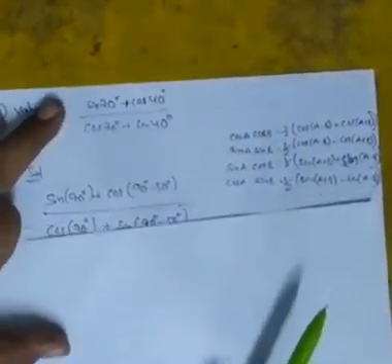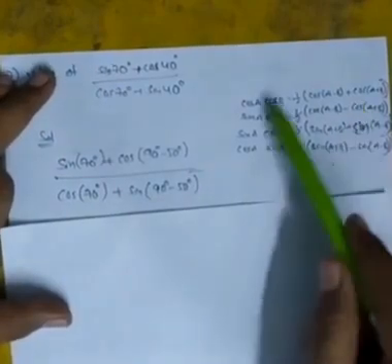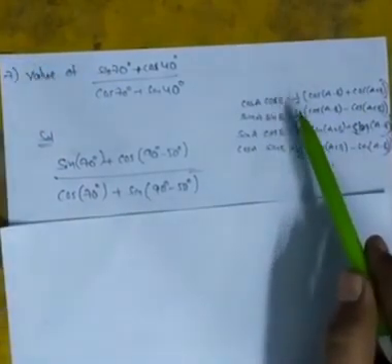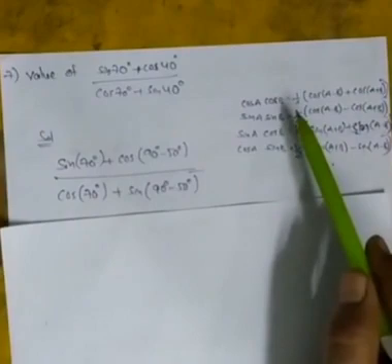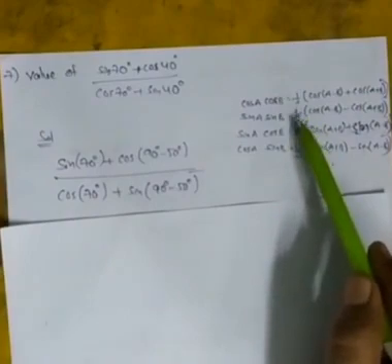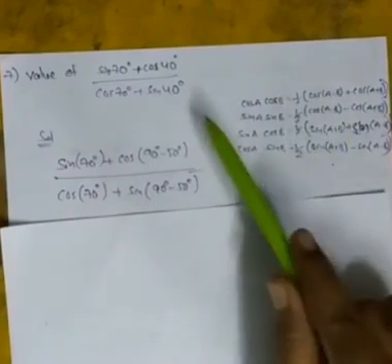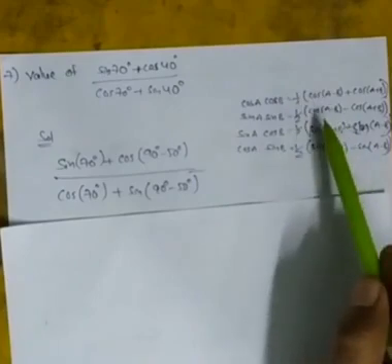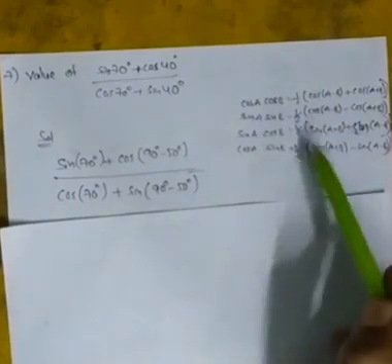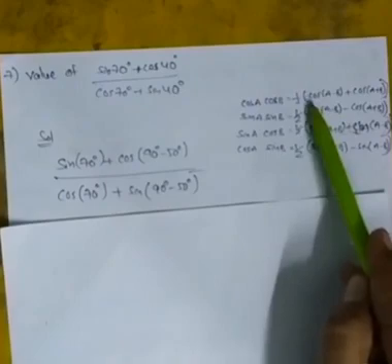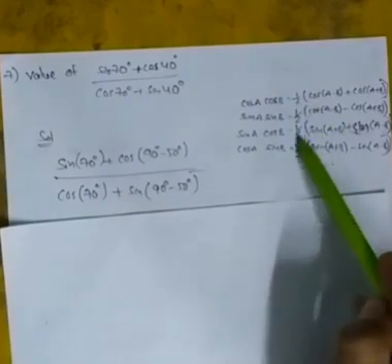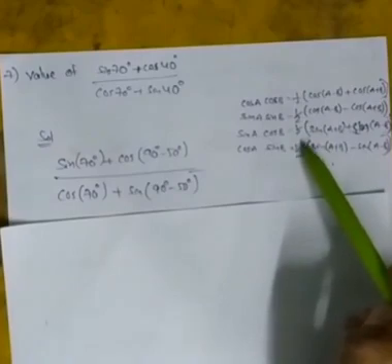Without doing this it will be a lengthy procedure. So we are trying to convert the given question into our required formulas. For this we have to remember all these formulas, and we also have to remember that for every formula we have a half.